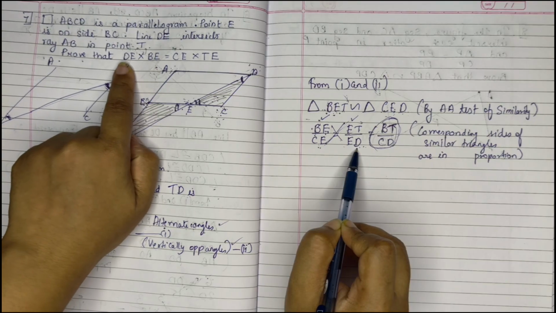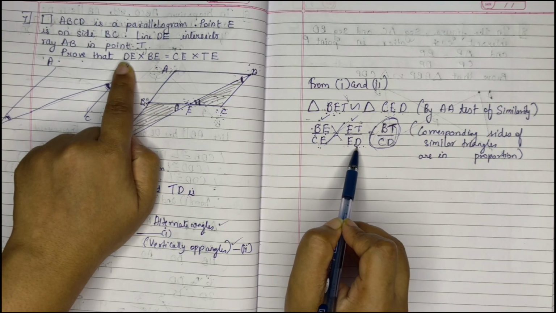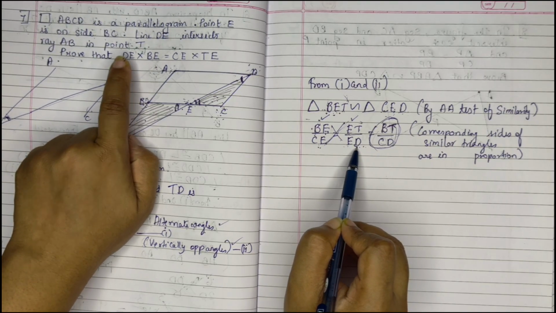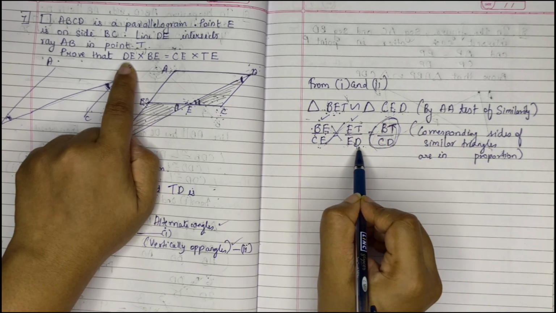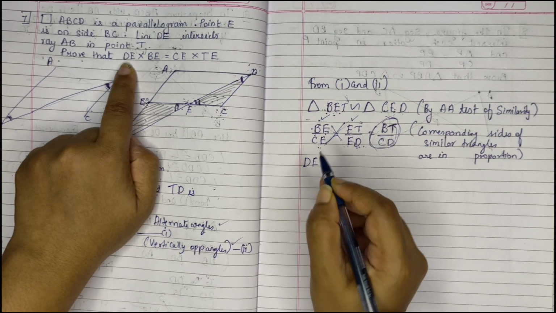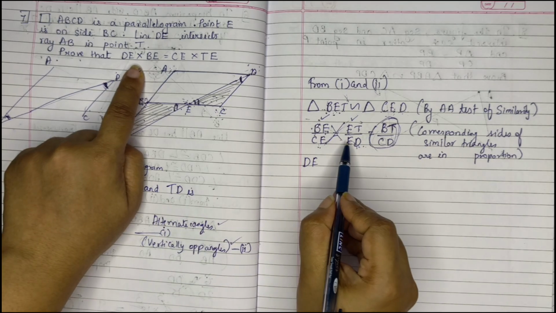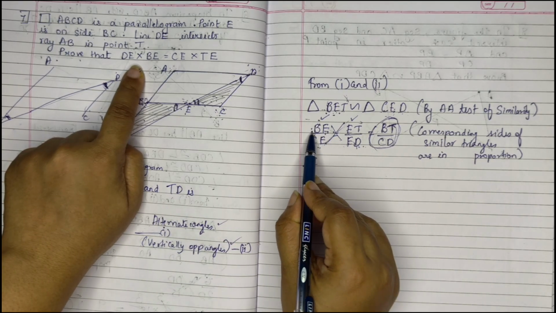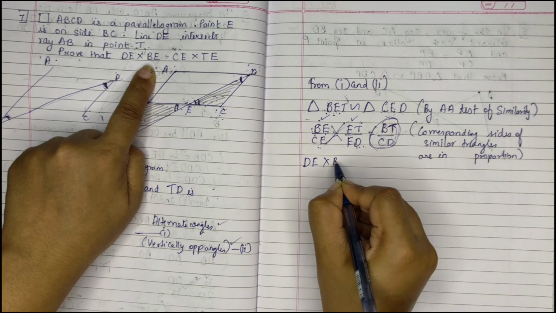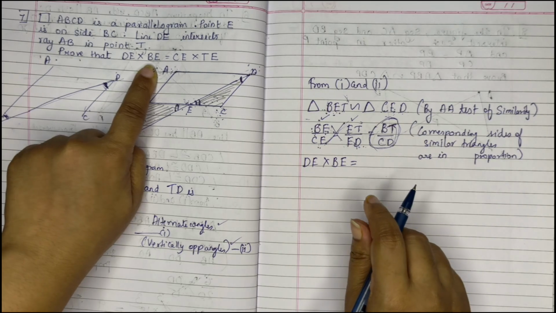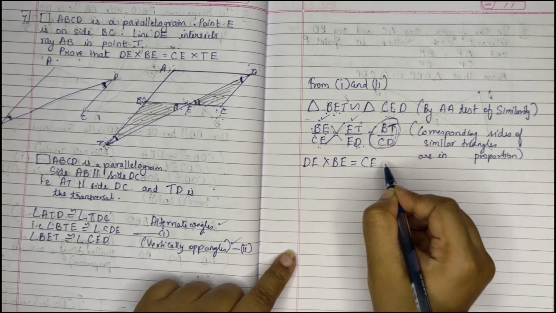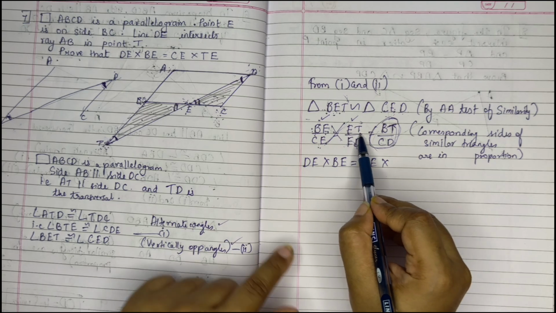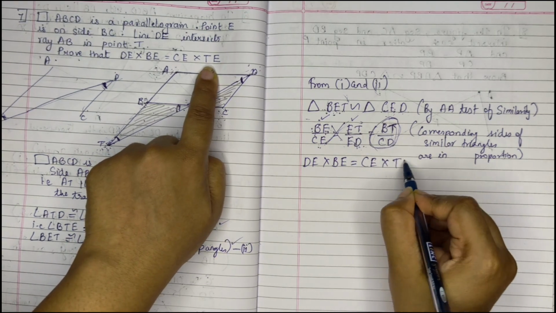ED means DE only, so we can write it in order: DE into BE is equal to CE into, instead of ET, TE.